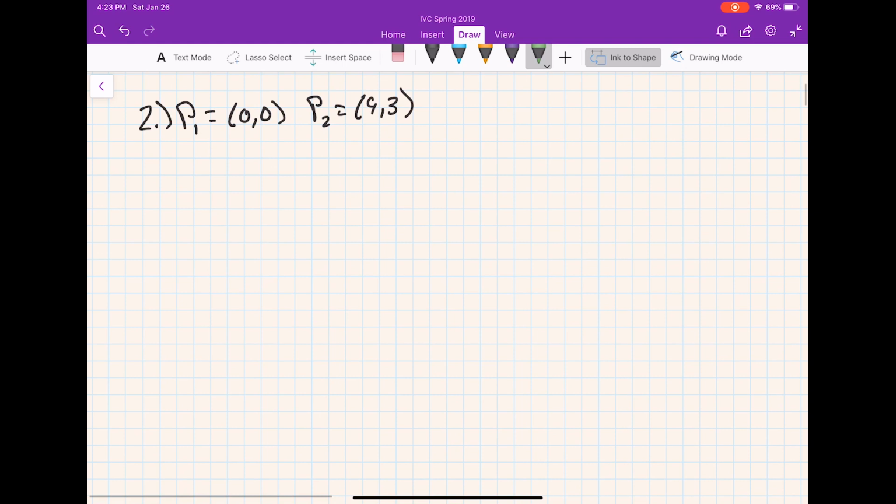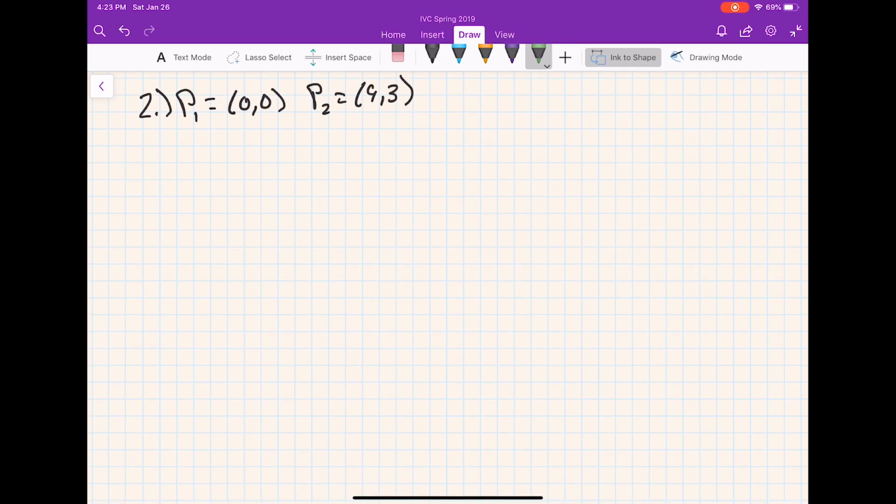We'll move on to number 2 here. Let's label our x sub 1 and our x sub 2. So our distance formula is going to be x sub 2, y sub 2, x sub 1, y sub 1.